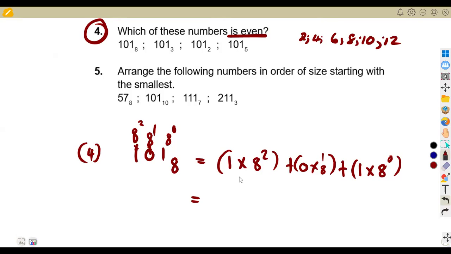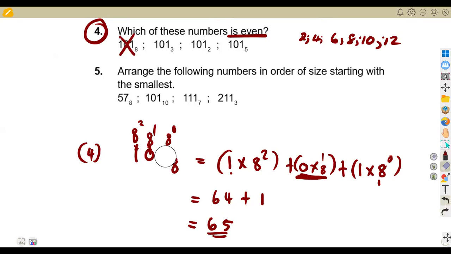Times 1 is 64, plus 0 times any number is 0, and 8 to the power of 0 is 1, times 1 is 1. Then we add 64 plus 1, which gives us 65. Is 65 an even number? No, that's an odd number. It leaves a remainder of 1 when divided by 2. So this is not an even number.